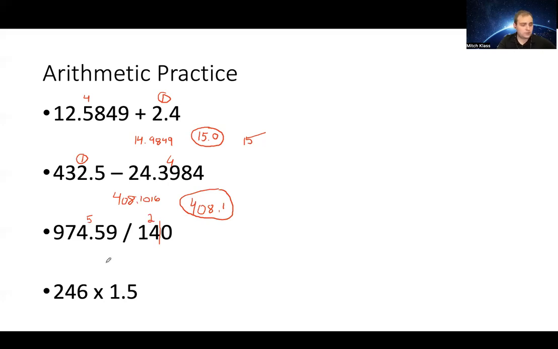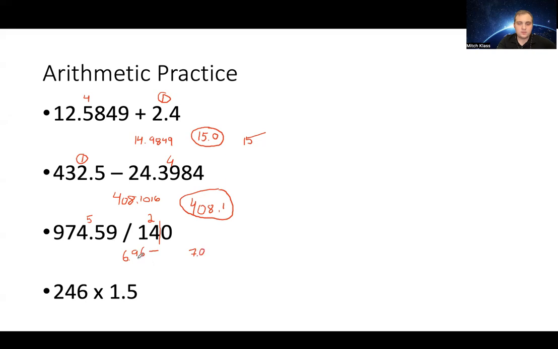All right, plug this into the calculator. 974.59 divided by 140. Well, we get 6.96 and so on, but we're only rounding to 2 significant digits. So therefore, we're getting 7.0.